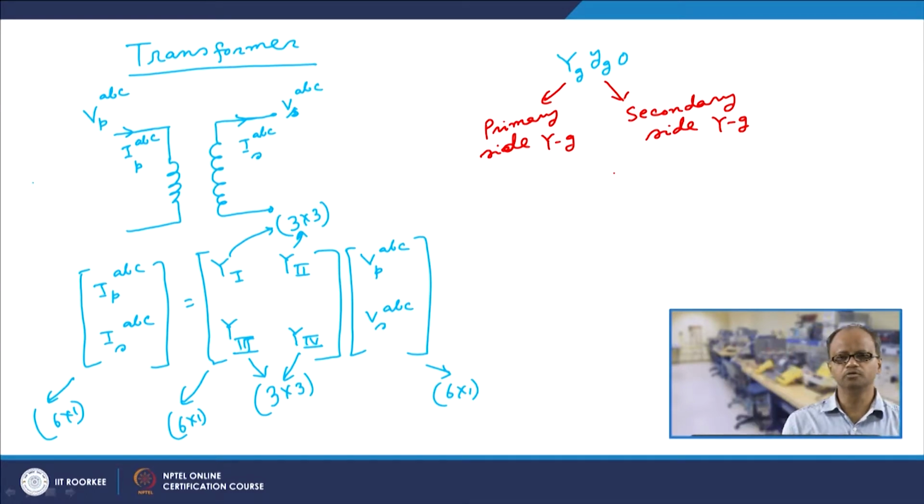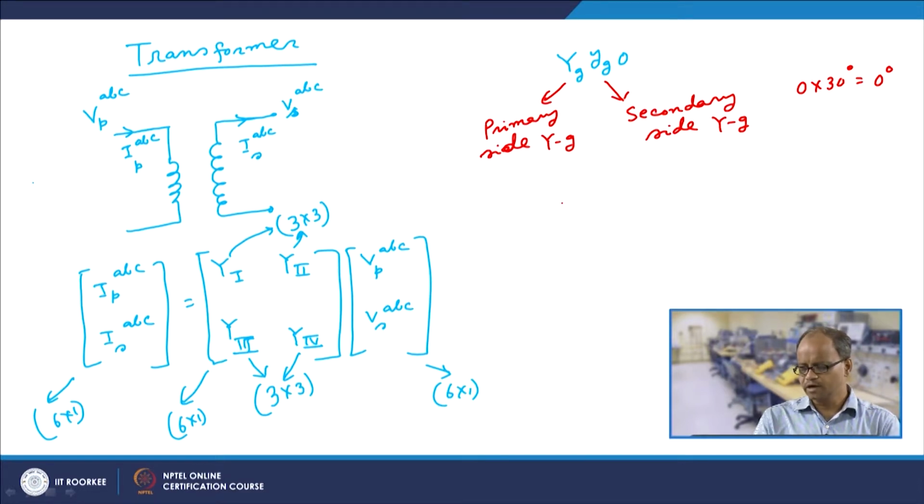As we know from our basic analysis of the transformer vector group, this 0 means that the phase difference between the corresponding phase voltages of the primary side and the secondary side is 0 into 30 degree, that is essentially 0 degree.